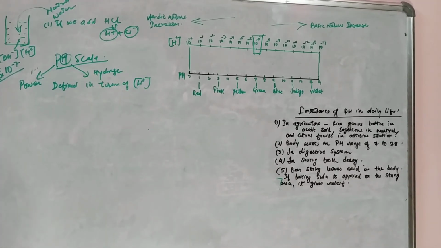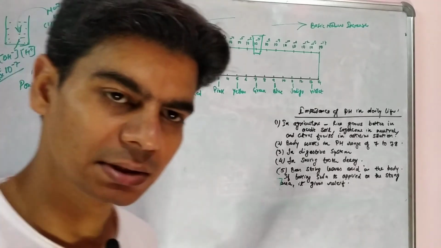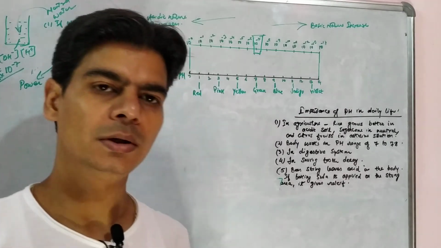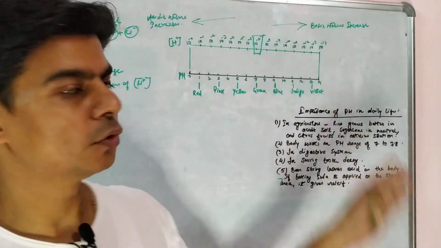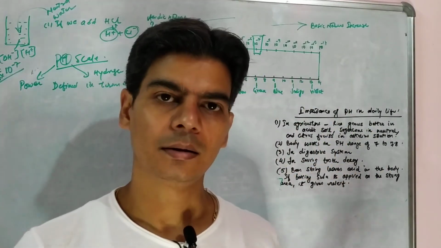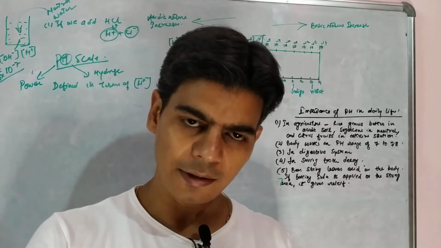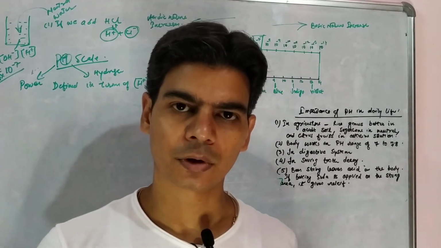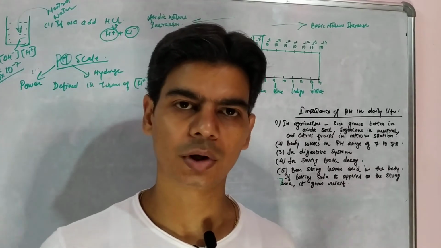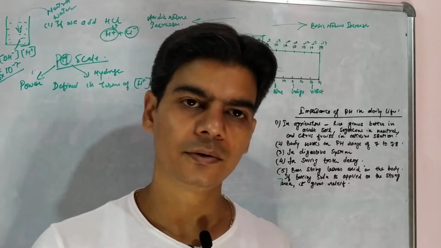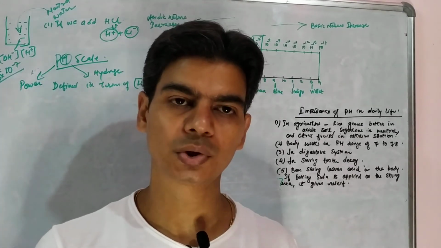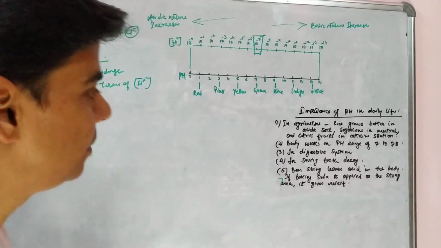And if you look at the pH scale, it reads from 0 to 14. It's a normal scale which measures from 0 to 14, right? And every value from 0 to 14 corresponds to a hydrogen ion concentration. Very important.